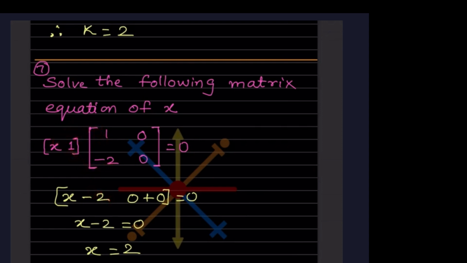Now when you solve this one, this is going to be 0, 0, and here 0, 0 plus 0. Again, this will be x, and this is going to be minus 2. Again you will go for this one, x into 0 will be 0, and x into this will be this one, and this is already on the right hand side. So when you solve this, x minus 2 is 0, so x is going to be 2.